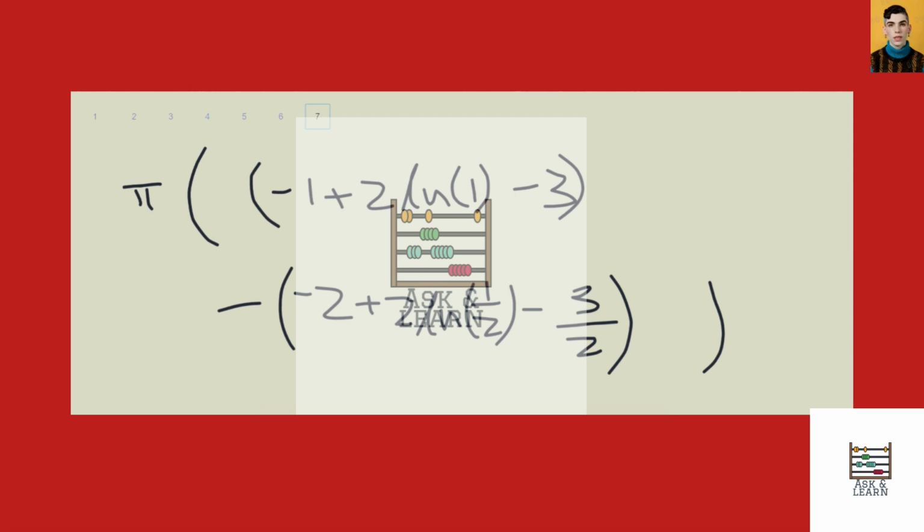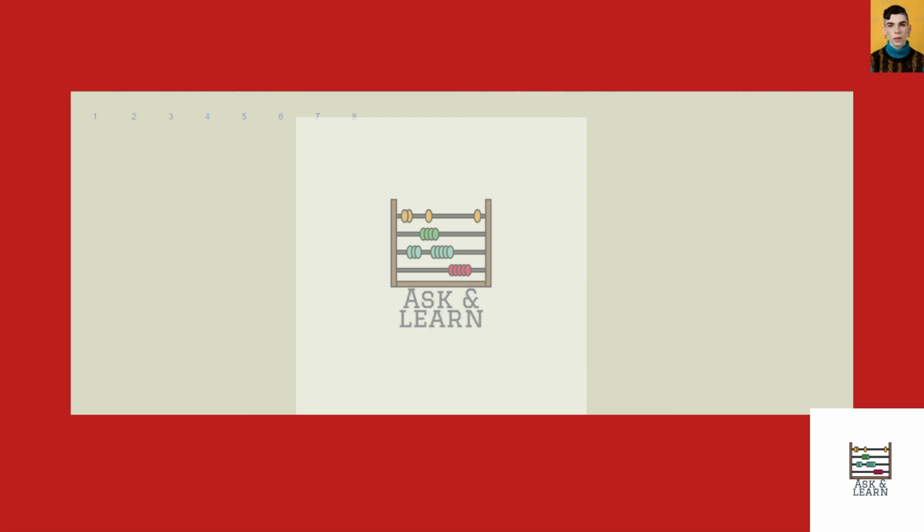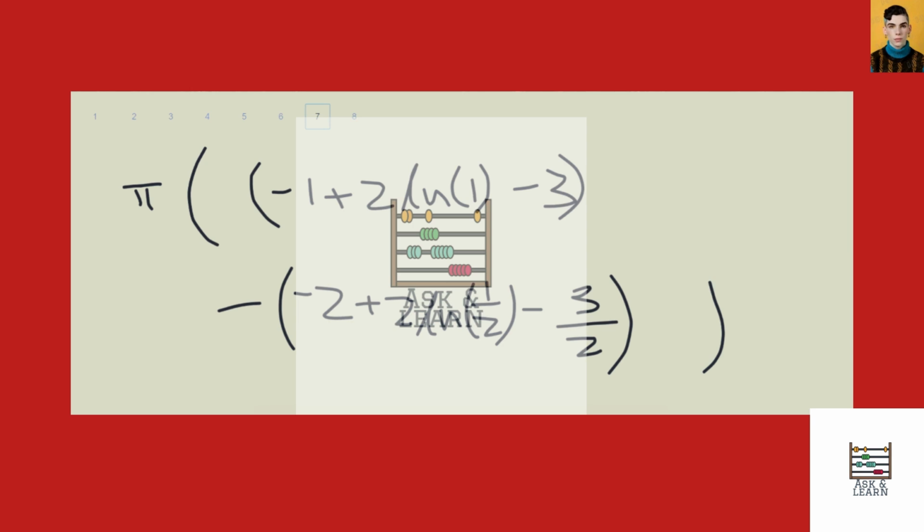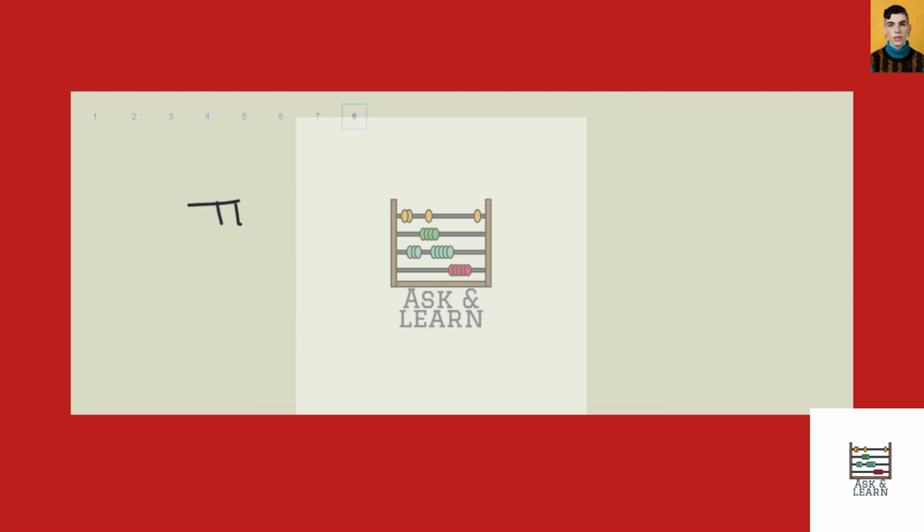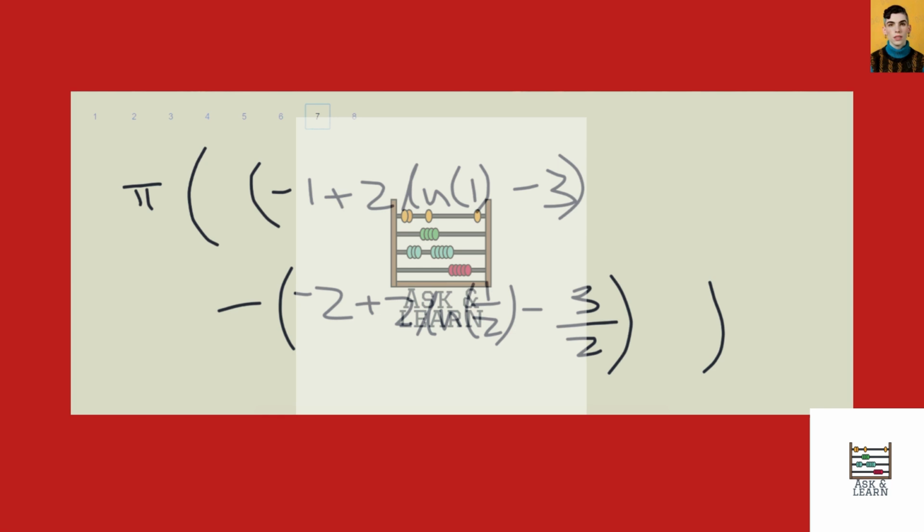So when you evaluate all this and simplify it, we can keep the pi on the outside. Ln of 1 is just 0, so we can get rid of that. -1 minus 3 is -4.